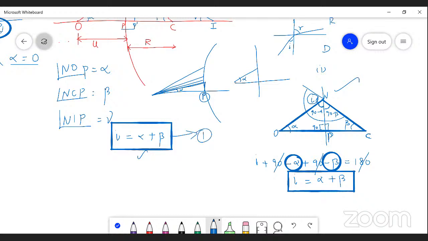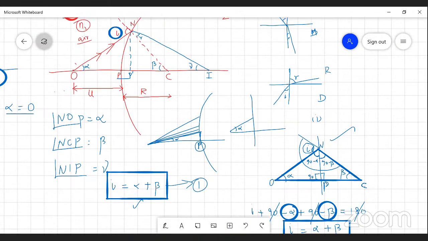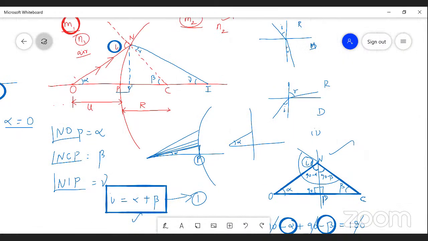And next, I want to calculate this beta value. What is this beta? See the diagram. NCP is the beta value. Beta is equal to another angle.